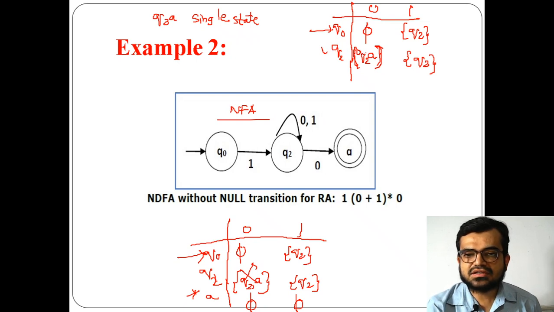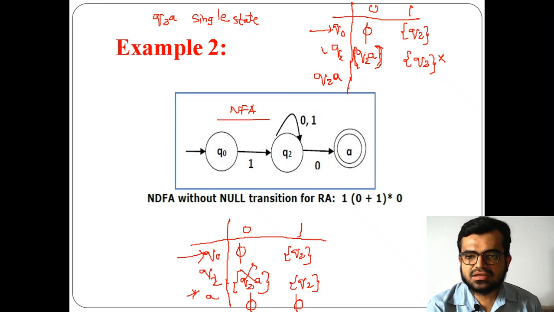And the next state I can take here is Q2A, because Q2 is already visited, so I take the next state as Q2A as a single state. I shouldn't take A here, because only if A is available here should I take A. Now Q2 is already completed, so Q2A remains.